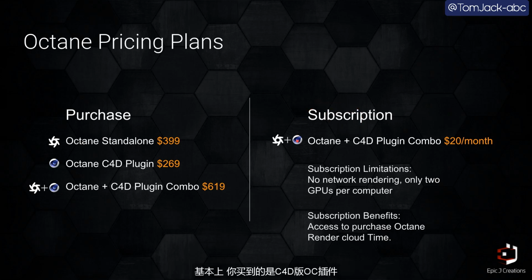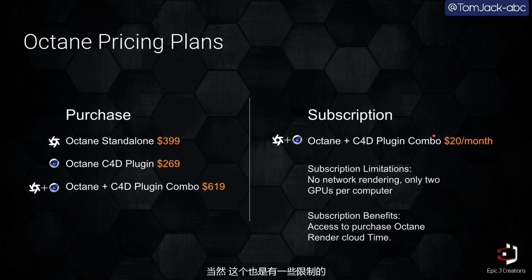Basically, you get the Cinema 4D Octane plugin that works without the standalone Octane program. It doesn't actually come with it, but it comes with them both together, packed in the plugin, that work together. You don't have to have the Octane standalone application. In this case, you just get the plugin, you install it in Cinema 4D for $20 a month, and you are good to go. Literally, for $20 a month, you have the full complete package.